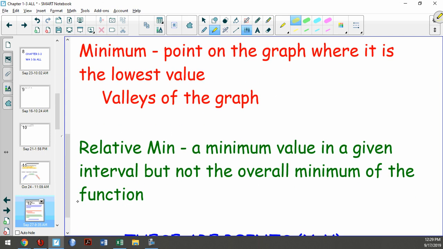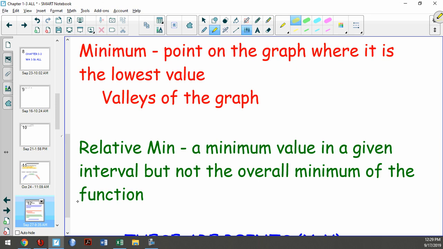Then we have what we call minimum and relative minimum. Same exact concept, except for it's the lowest mountain, the lowest valley. You with me? Lowest valley, dip. Or it's the relative to an interval of the lowest valley that we have. Now, the way I like to give an analogy of this is going to be mountain ranges. The highest elevation in the United States could be very different than the highest elevation in the world.